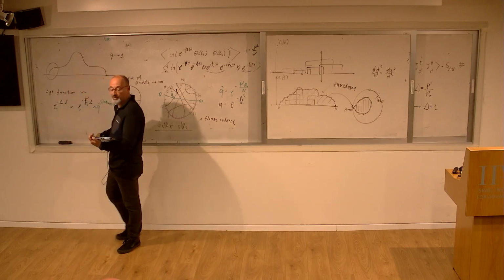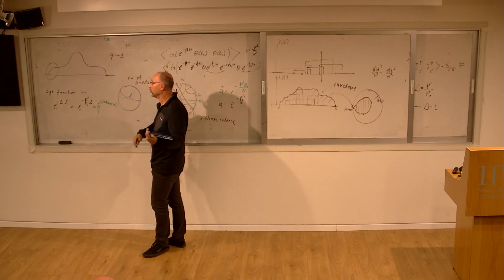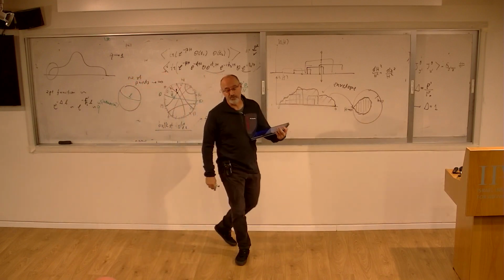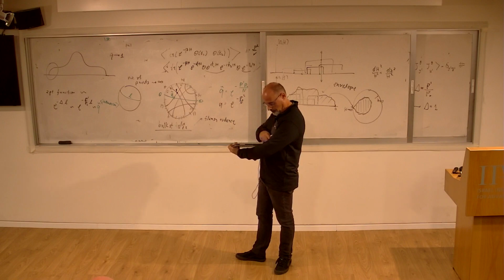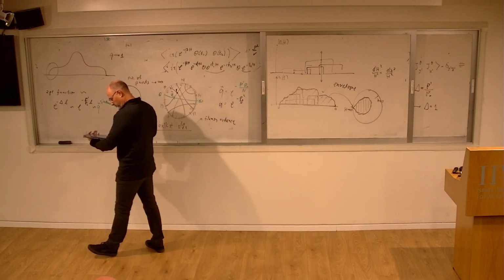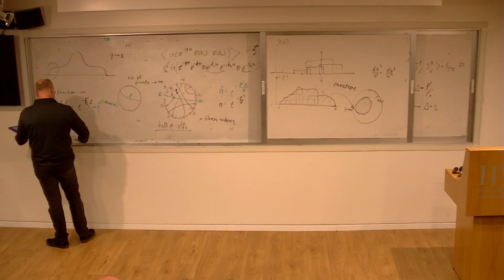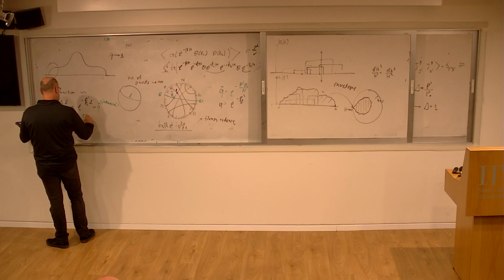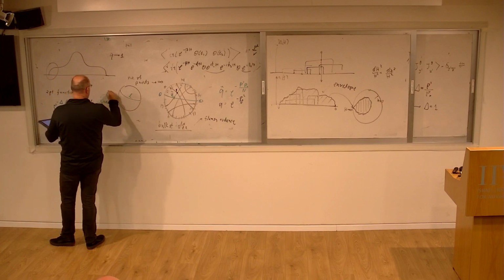I need to sum over many chord diagrams, so this is Q tilde to some average number of intersections. So let's plug in the formula for Q tilde. This is in the chord size, so this is e to the minus p prime p0 over n times, let's call this k.